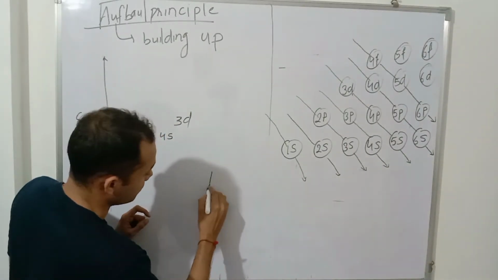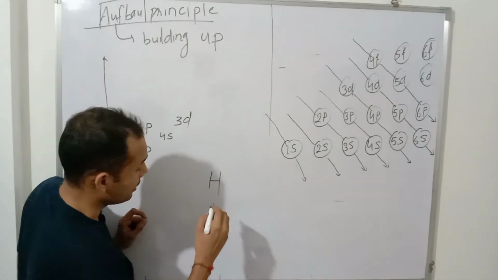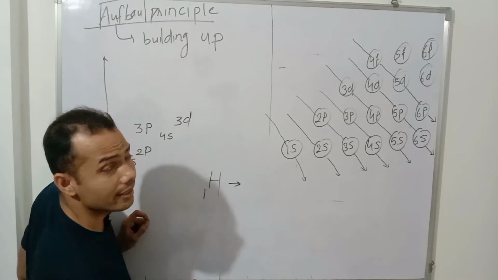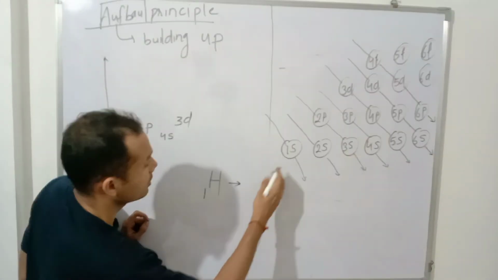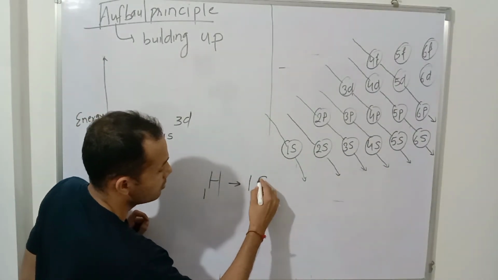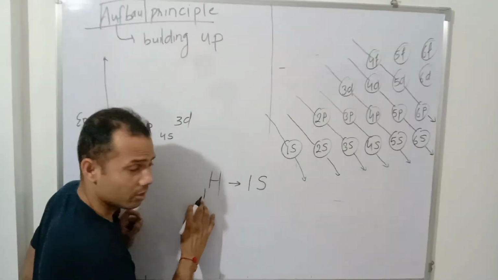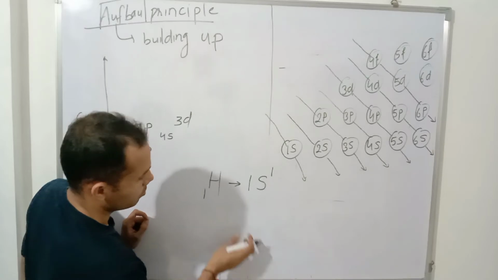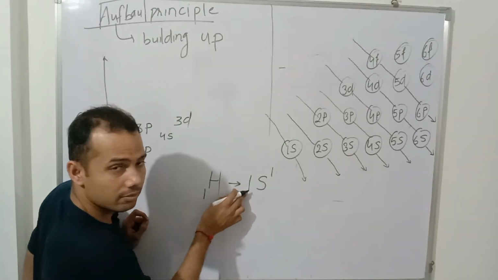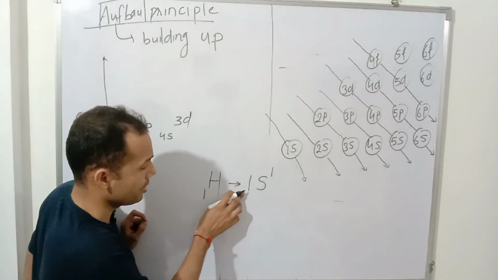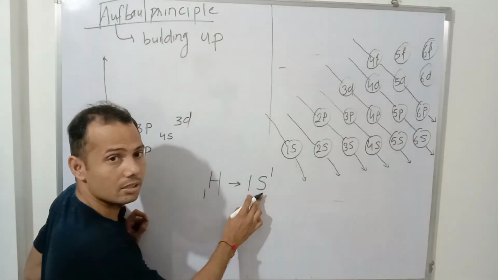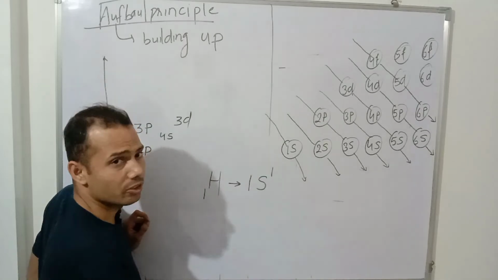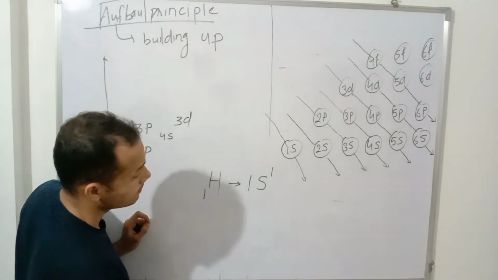If I take the example of hydrogen, its atomic number is 1. Its electronic configuration is 1s, and there is only one electron, so I put 1 here. 1 indicates the main energy level, first orbit, s indicates the orbital or sublevel, and the 1 here indicates the electron.